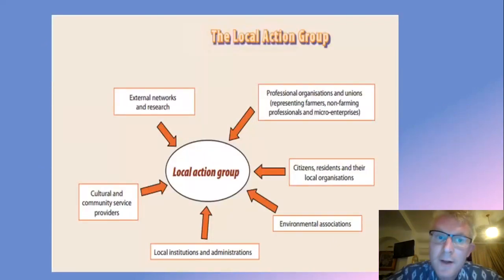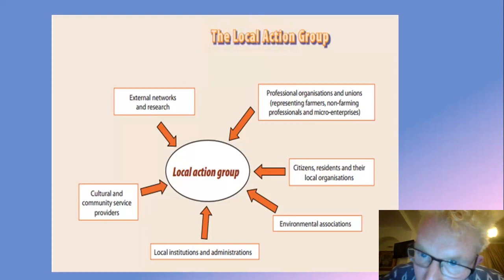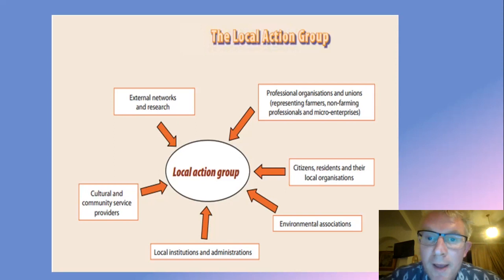And the local action group has a number of characteristics associated with it. Professional organisations and unions representing farmers, non-farming professionals and micro-enterprises should have a membership of the local action group. So also represented here should be citizens, residents and their local organisations.